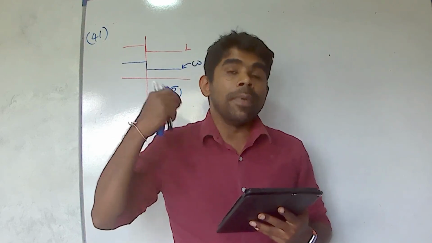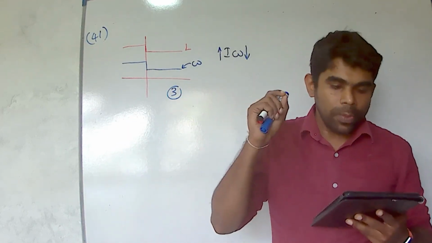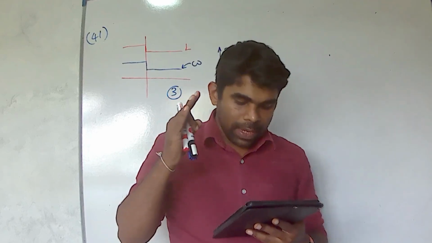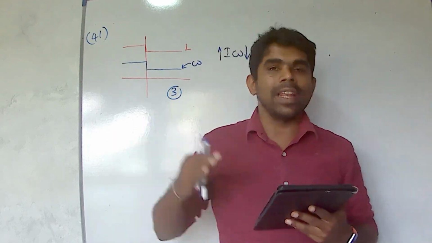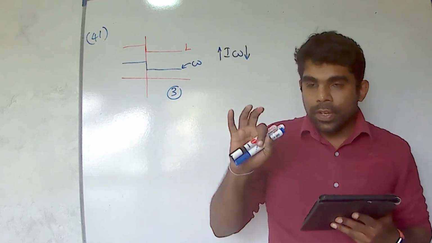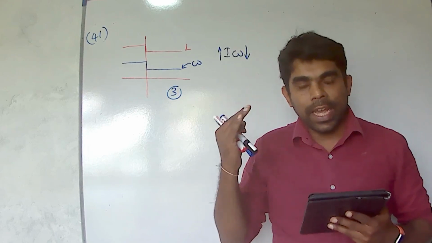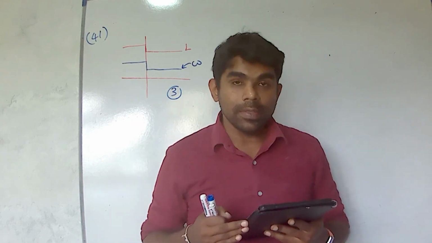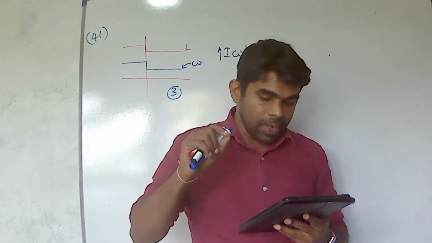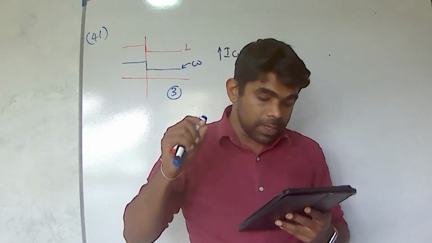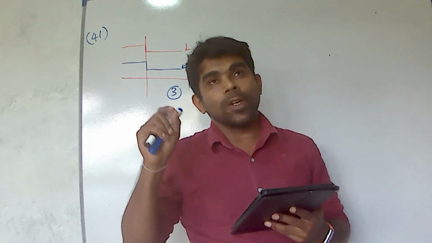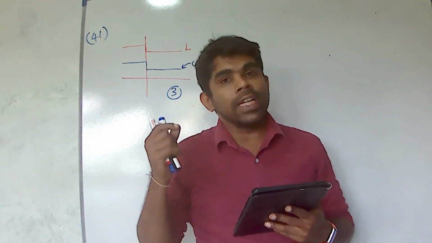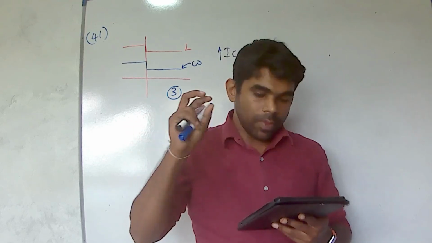Then we can consider the moment of inertia. The moment of inertia should be proportional to the mass spreadness. Therefore, we can write the same order, A, B, C in ascending order. We know that rotational kinetic energy is half I omega squared. When considering rotational kinetic energy, we have to consider the angular velocity, but it is given that the angular velocity is the same for all 3 bodies.